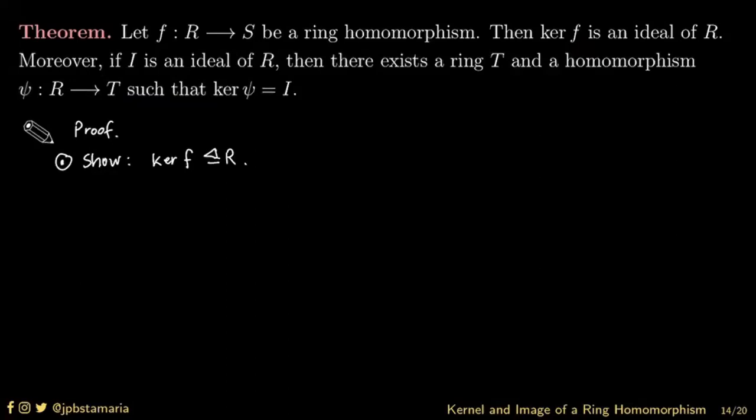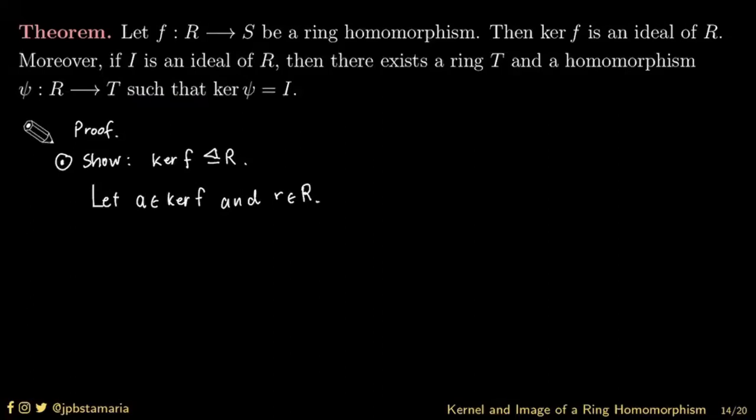Well, alam na natin na siya ay subgroup, di ba? We only need to show that it has the absorption property. Ano yung absorption property? Get an arbitrary element of the kernel and get an arbitrary element of the ring.